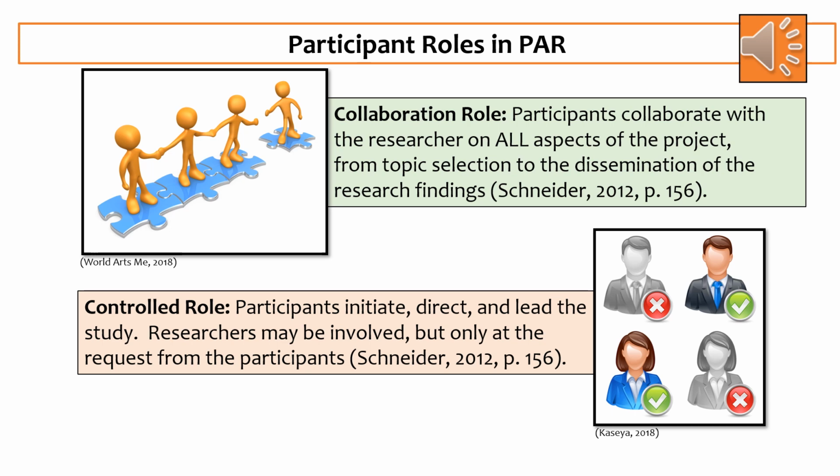The fourth is the controlled role. This is where the participants initiate, direct, and lead the study, and the researchers may be involved, but only at the request of the participants. As you can see from the four examples here, there really is a spectrum from one end to the other.